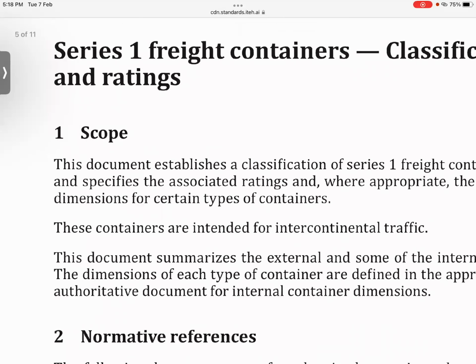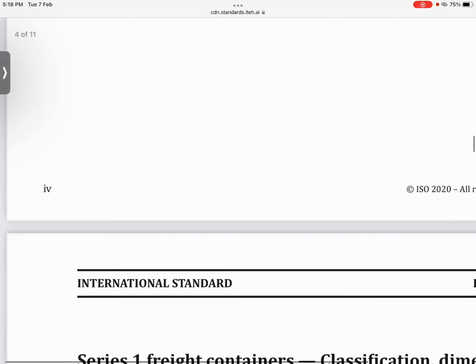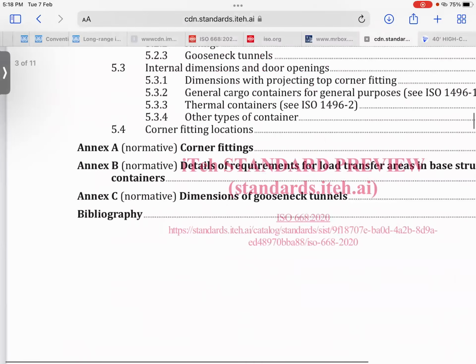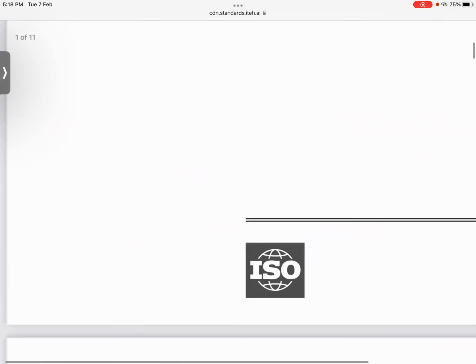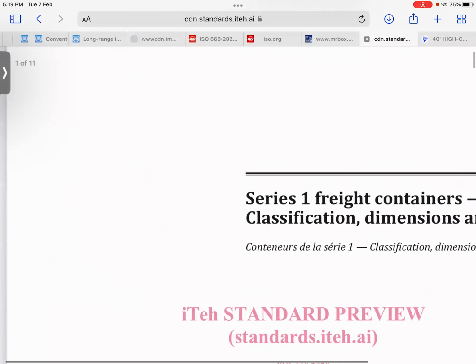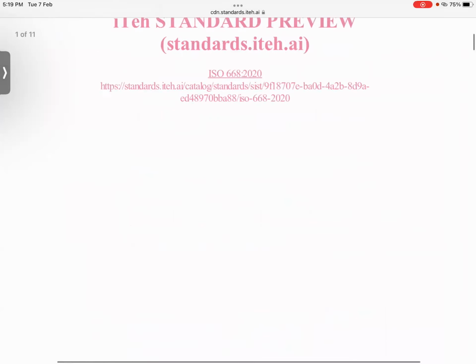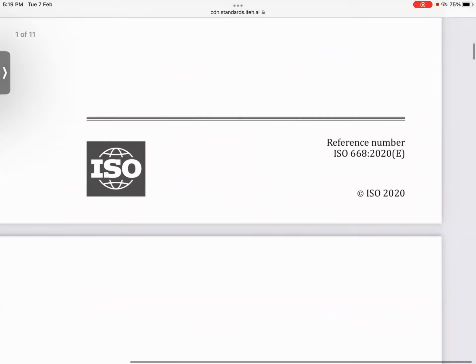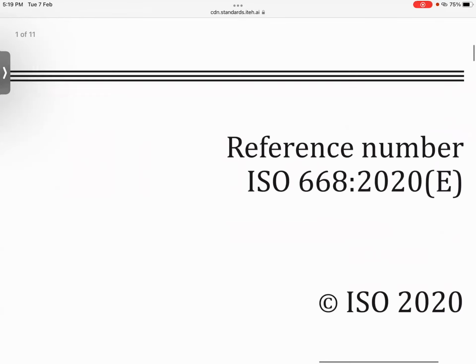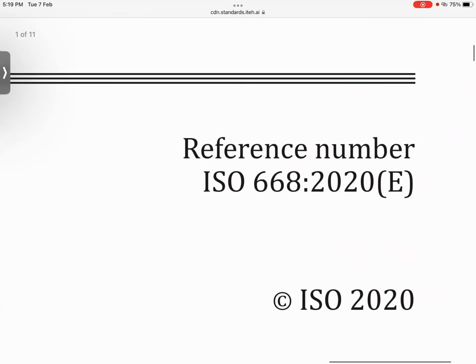So this is the document for that. It is the ISO standard. You can write the name if you want: ISO 668:2020. If you have to give a reference, you can give this.